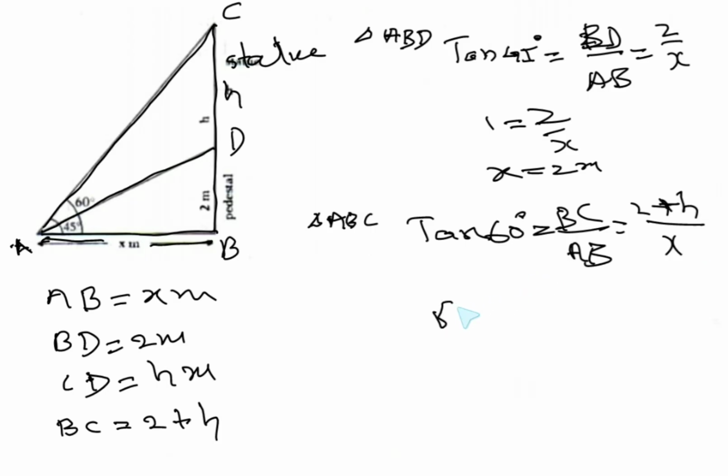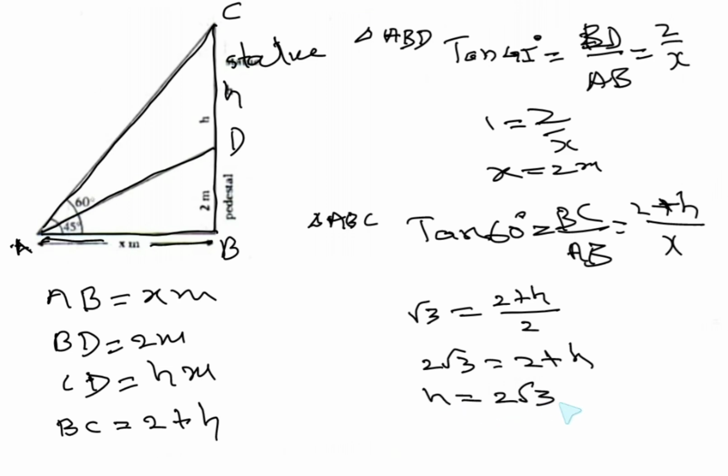Therefore tan 60, which is root 3, is equal to (2 plus H) by x. Substitute the value 2 meters here and cross multiply: 2 root 3 is equal to 2 plus H. Then H is equal to 2 root 3 minus 2.